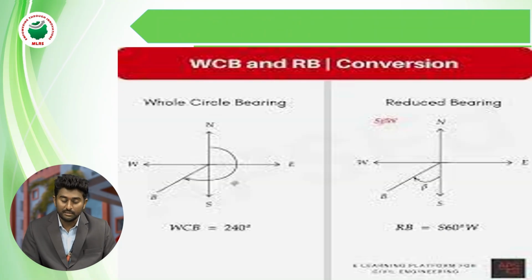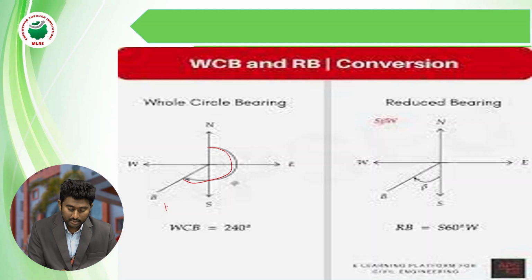Next, coming to the whole circle bearing system and reduced bearing: conversion of whole circle bearing values into the reduced bearing. For example, in the whole circle bearing system, for the second quadrant, reduced bearing equals 180 degrees minus whole circle bearing.